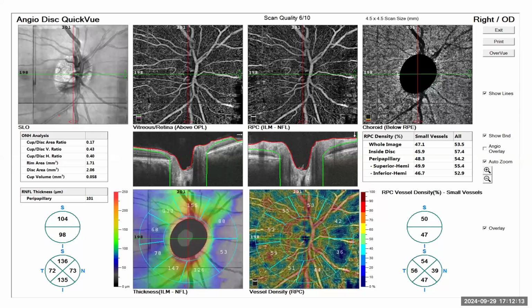I'm not an authority in glaucoma, but I'll tell you one thing. The OCTA is going to revolutionize care, especially in the aspect of neuroprotection.